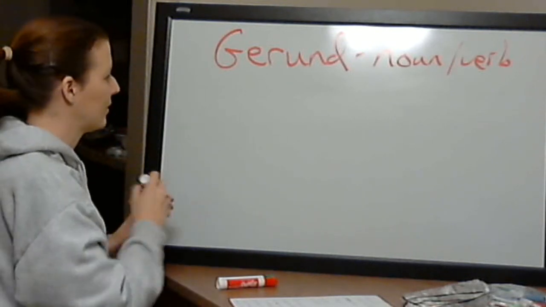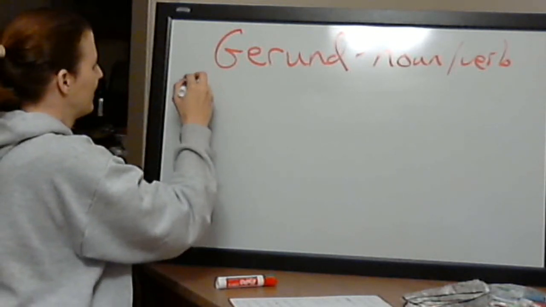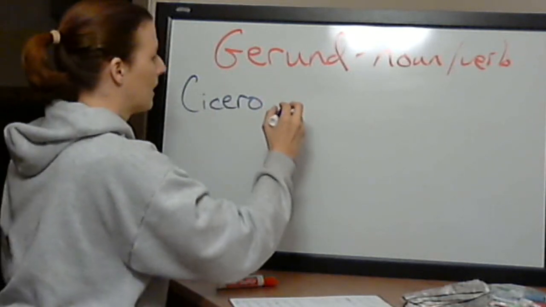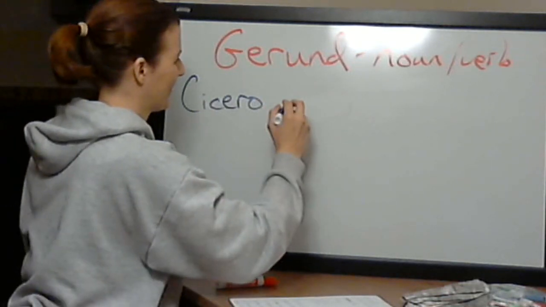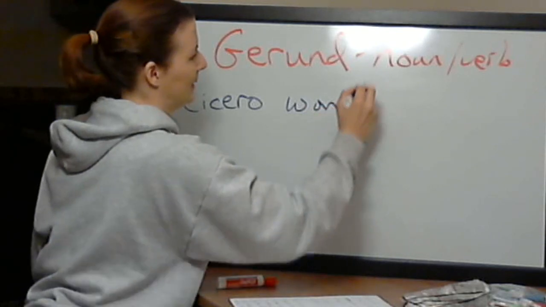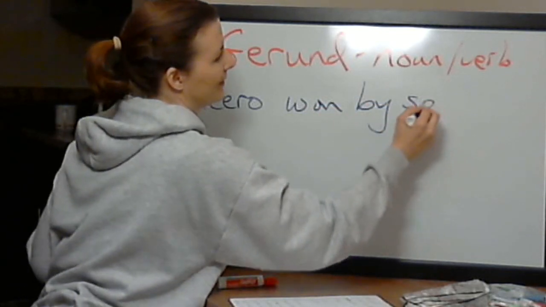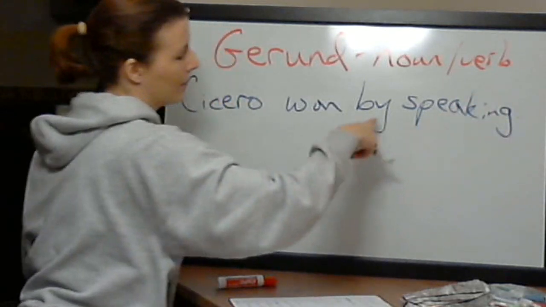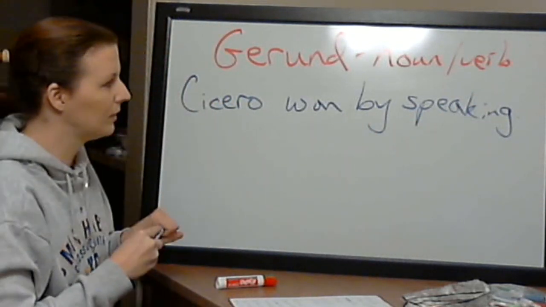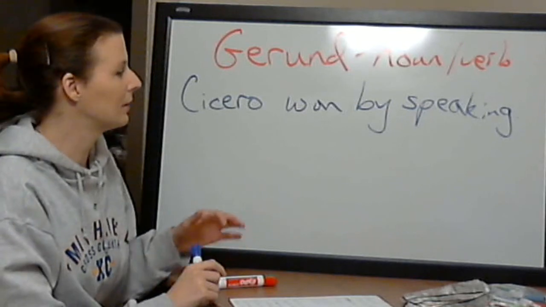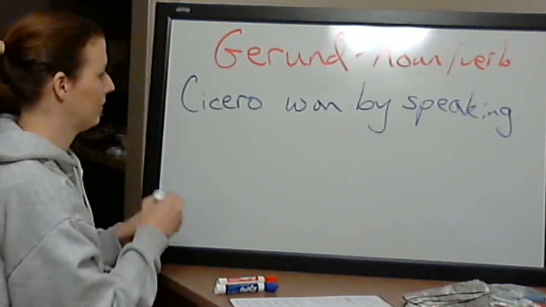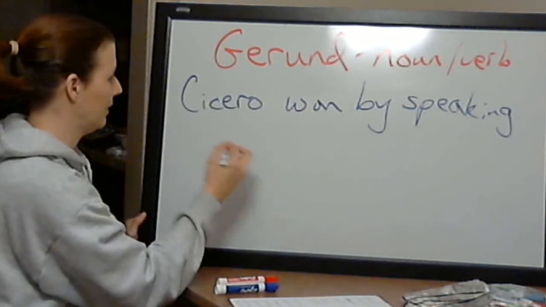So let's go back to my beloved Cicero. Cicero won by speaking. So that same speaking that we had before, but this time instead of saying he's skilled in this or skilled of this, as Latin would say, we're using a different preposition, by, which demands an ablative of means.